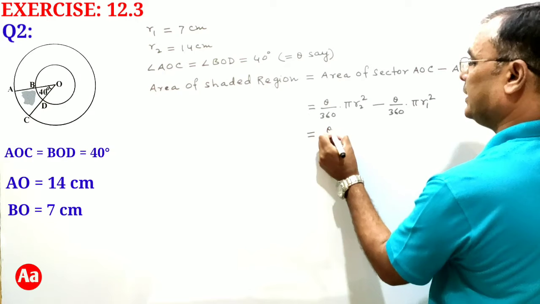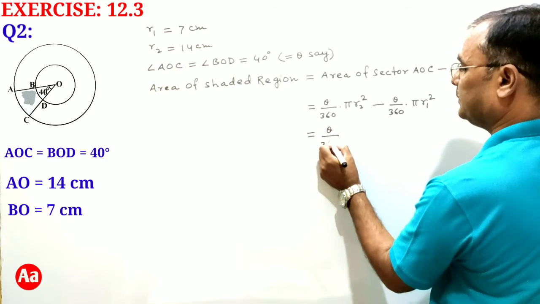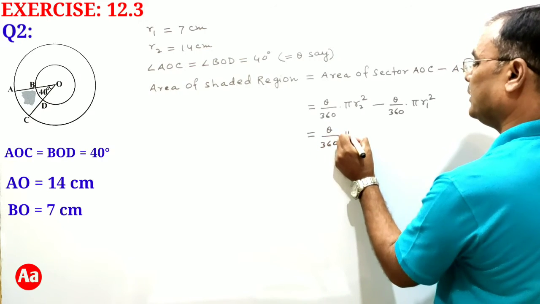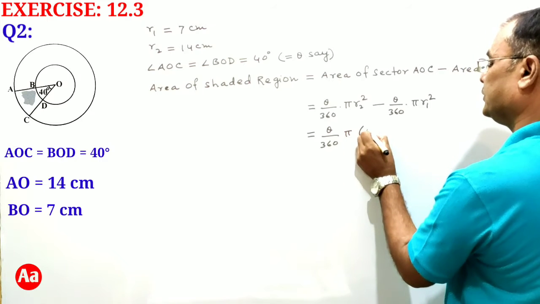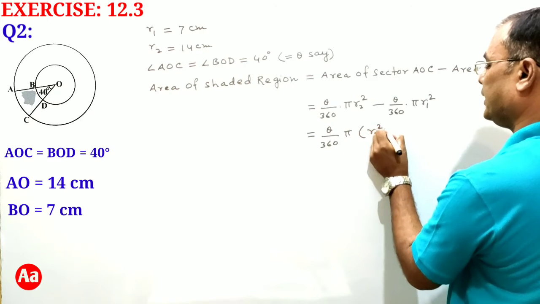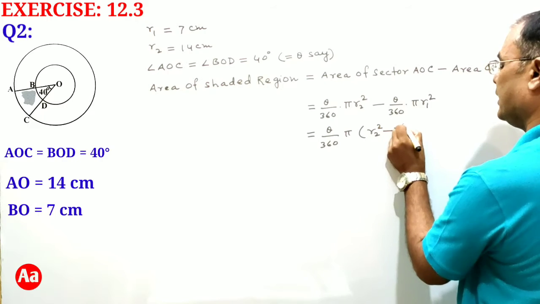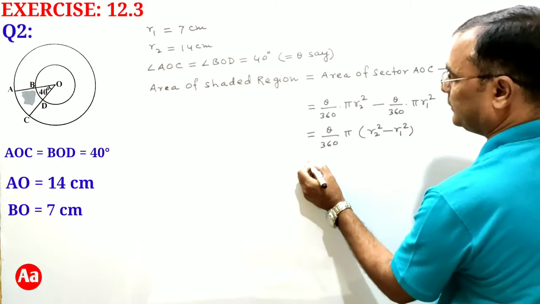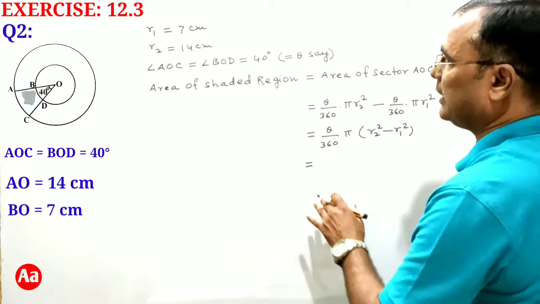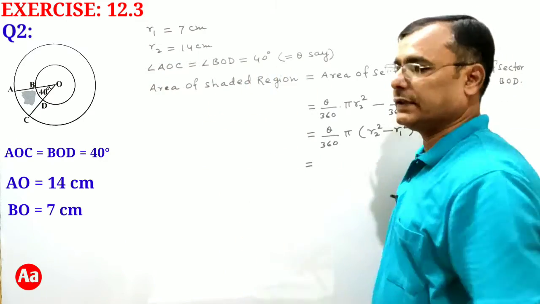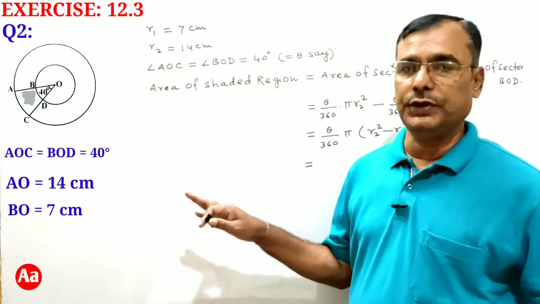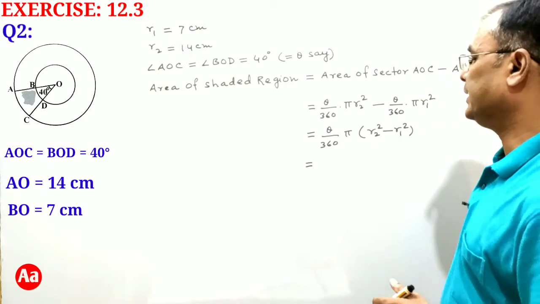Let's take theta by 360 pi common, so we'll have R2 square minus R1 square in the bracket. Theta is the sector angle, which is the same for both the sectors AOC and BOD of both the concentric circles.